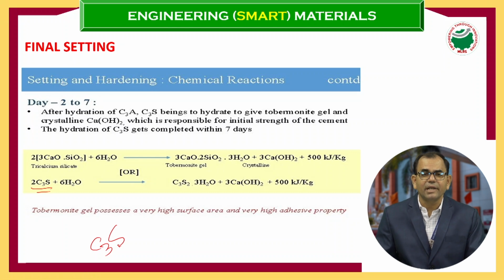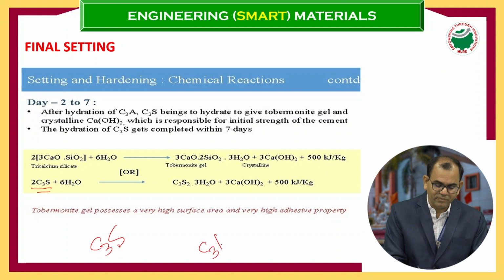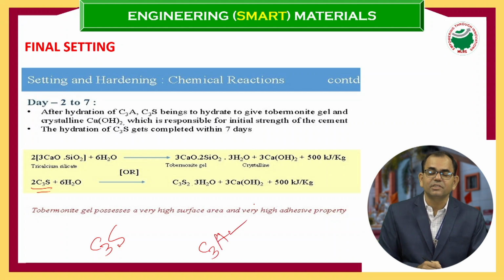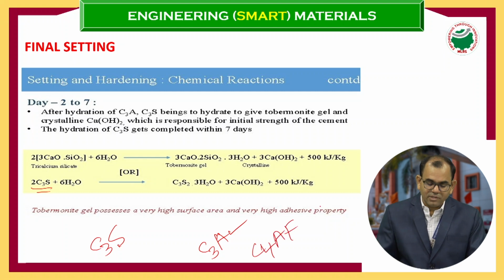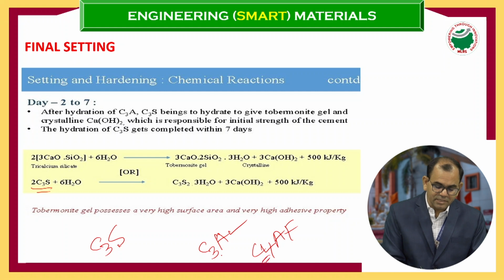What is C3? Tricalcium. In the first reaction, C3A was there, tricalcium aluminate. In the second reaction, C4AF. C4 is tetracalcium, here it is tricalcium.